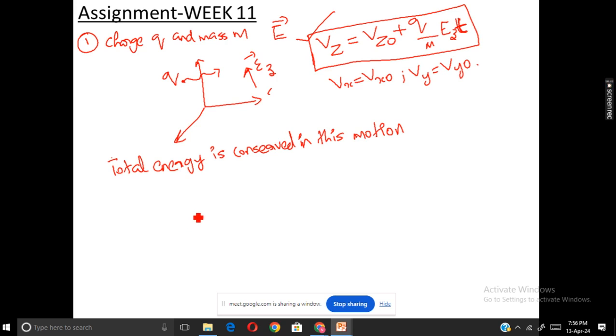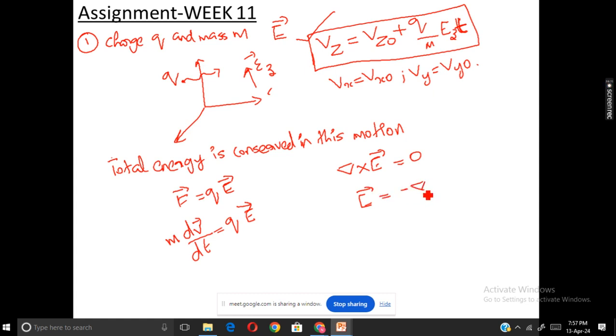To prove this, we know F is given by Q into E, where E is the electric field. If we write it in terms of differentials, m dV by dt is equal to Q into E. According to electromagnetic theory, del cross E, the curl of an electric field, is 0, where E is basically minus del phi, the potential.